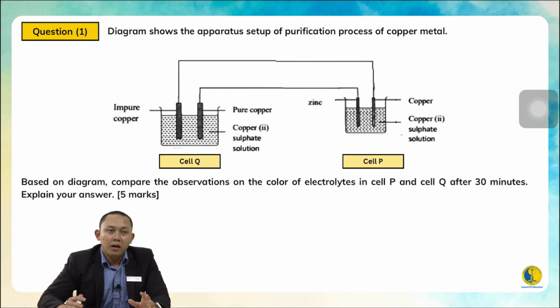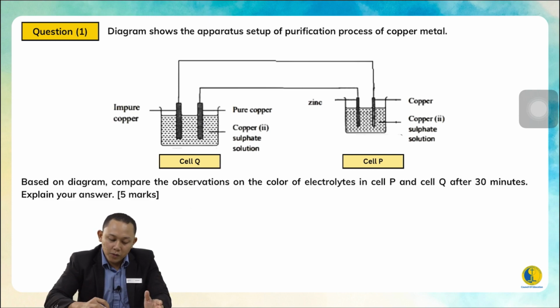For an electrolytic cell, both electrodes use the same type of metal. So you can see here, both cathode and anode use copper. For a voltaic cell, they use different types of metal, because they want to have a potential difference so that the electrons can flow.